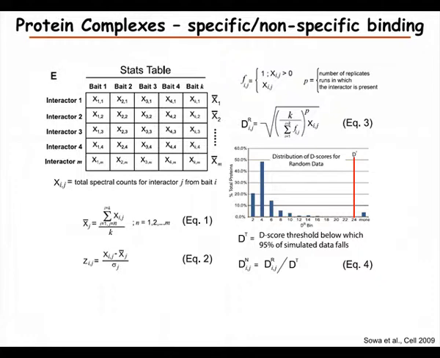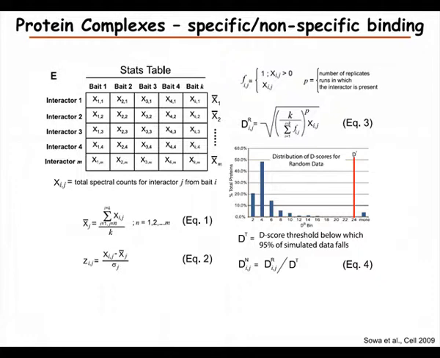So the idea is that non-specific interactors will have a quantity that's much more similar over many different baits, and the specific ones will be specific only in a few of the IPs.